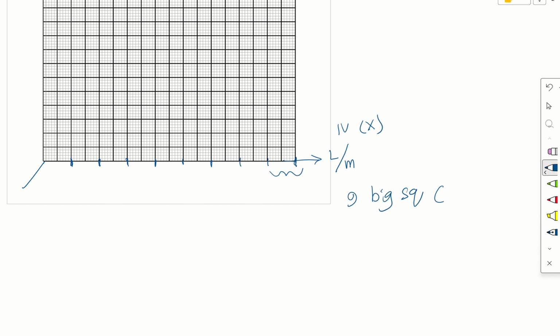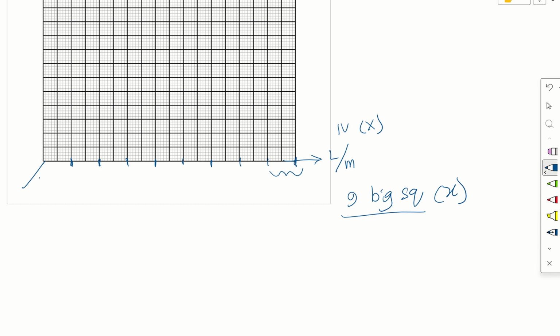Now we have to choose the scale such that the graph occupies more than 50% in the x direction and more than 50% in the y direction. I'll be doing the x direction first. When I plot my points, the points must cover more than 50%, because with 9 big squares, half of it is 4.5. So ideally, it should cover about 5 squares.